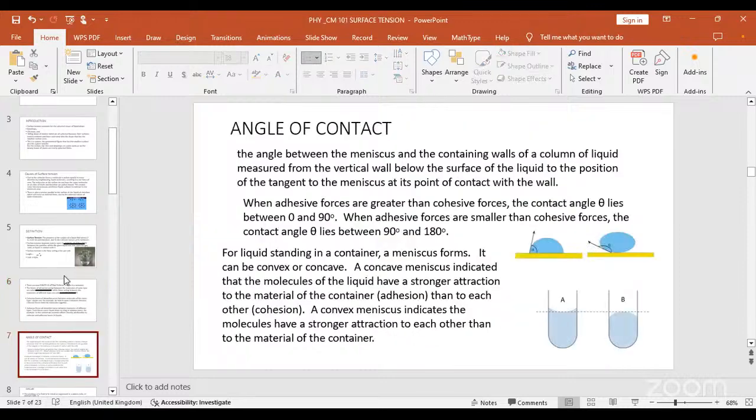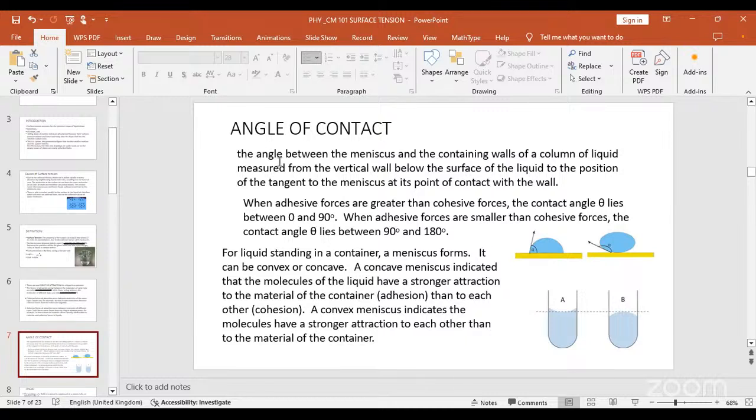The next thing we want to look at is angle of contact. Now, when these forces come together, there's this interplay, and there is what we call the angle. There's a meniscus. It could be something on the top or something at the bottom. Some can be curvy. Some can be cave-like in nature.